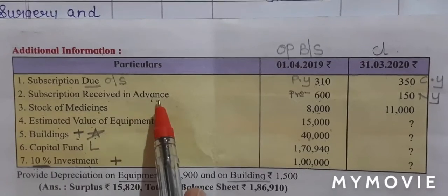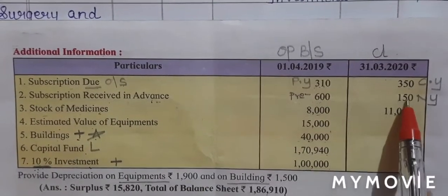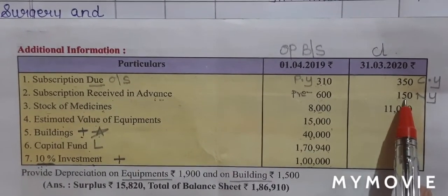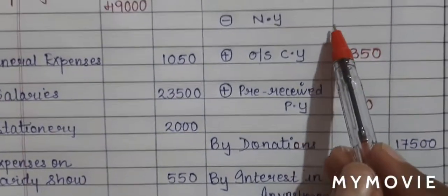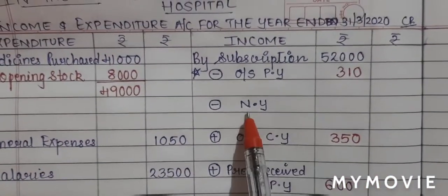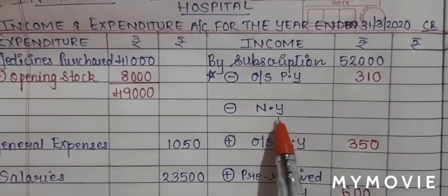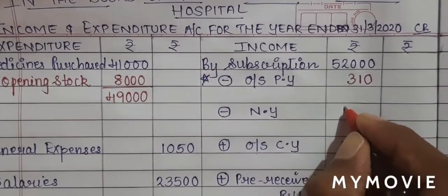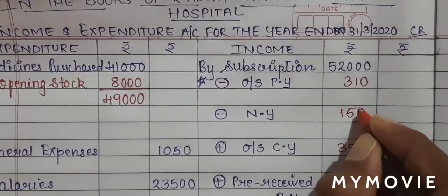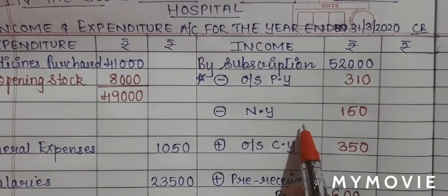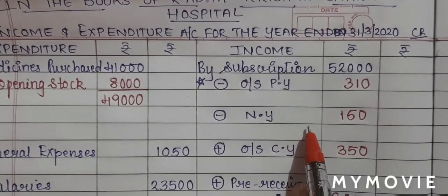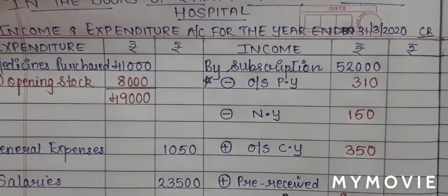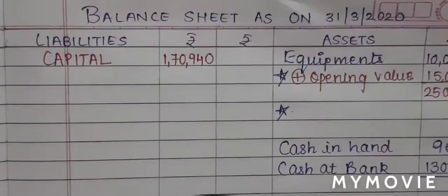Next is subscription received in advance, rupees 150. This is a subscription that we have received in advance. So my first effect will be on the income side. I have pre-received income. So I will write it over here, 150 rupees. Now again, we will have a second effect because it is subscription received in advance. So my second effect will be on the liability side.